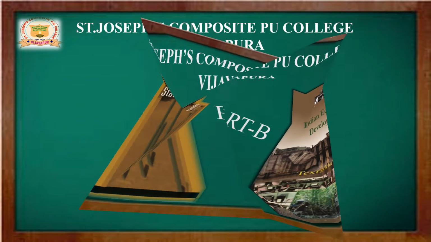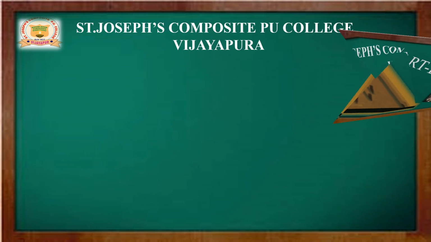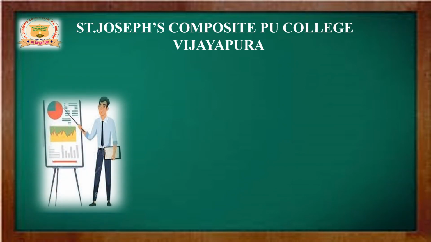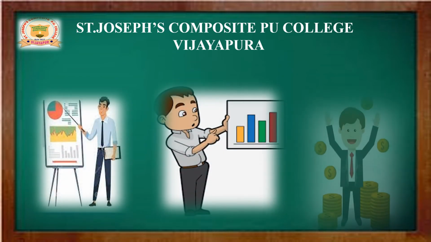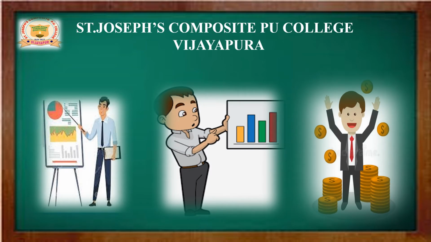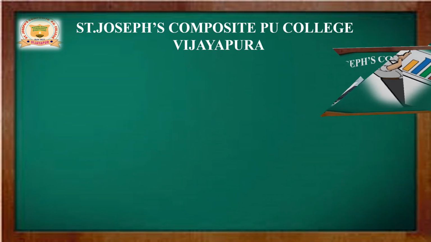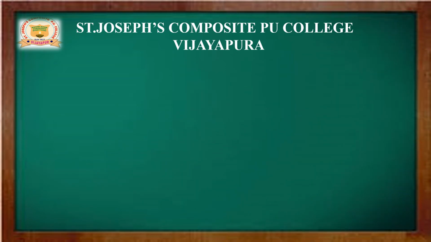Now see what chapters are in part A, Statistics for Economics. Here you can see the images. This part A consists of the following chapters.